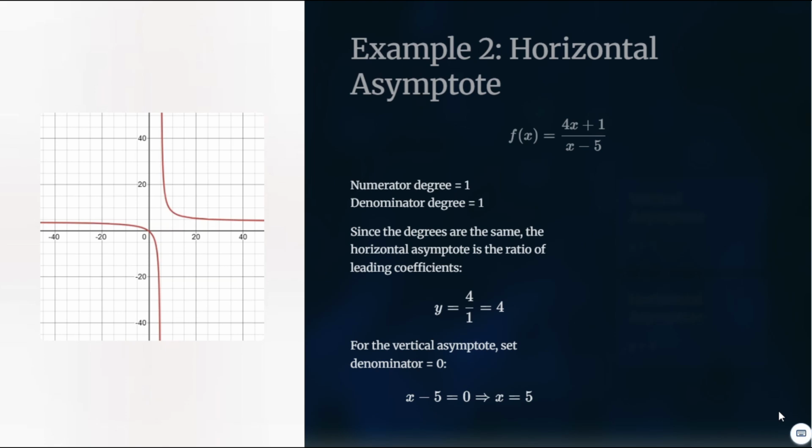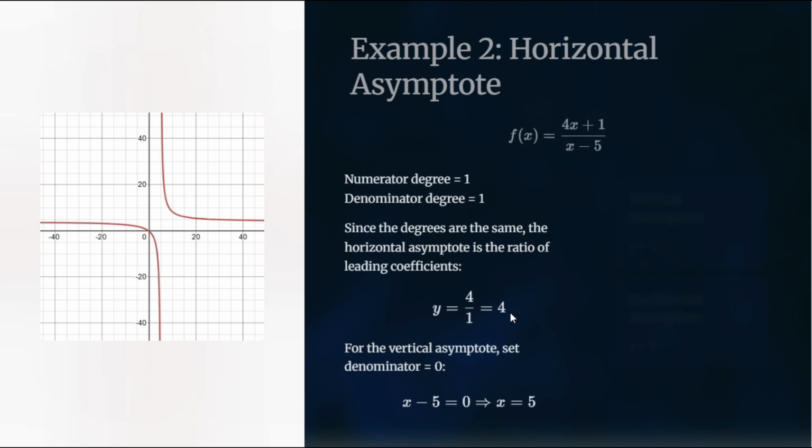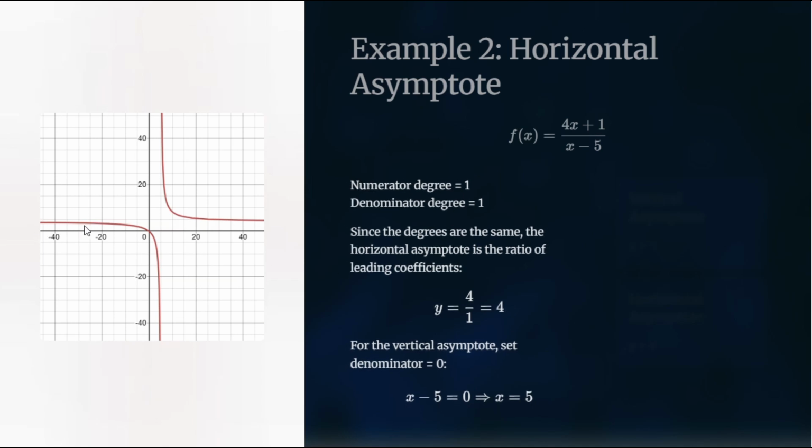Since the degrees are the same, the horizontal asymptote is the ratio of the leading coefficients. Y will be equal to the leading coefficient of the numerator, which is 4, over the leading coefficient of the denominator, which is simply 1. So 4 over 1 is 4. Therefore, I have a horizontal asymptote at y equals 4. We can see it right here. The graph gets close to y equals 4, but never touches it.